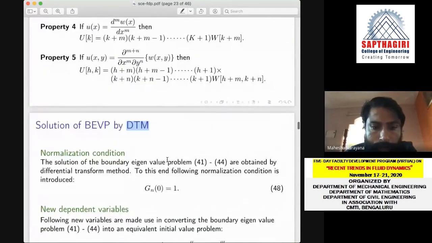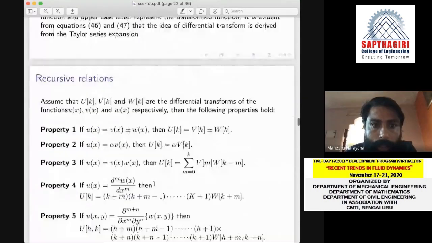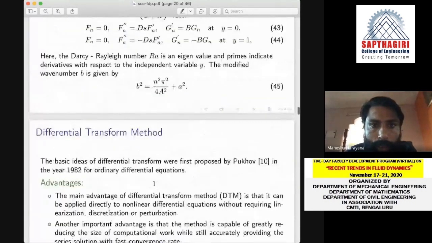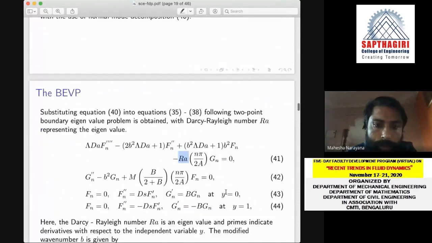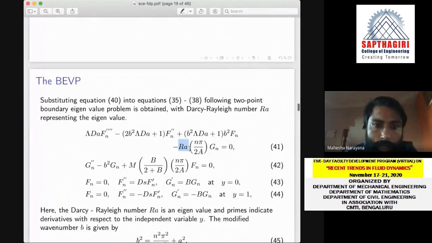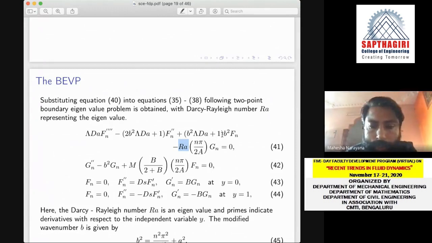Before that, you must recall that Ra is an unknown here. So your Ra also needs to be evaluated or found as a part of the solution procedure.